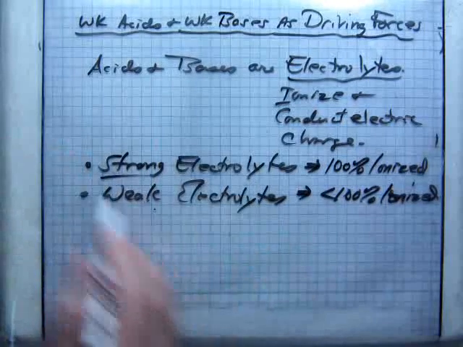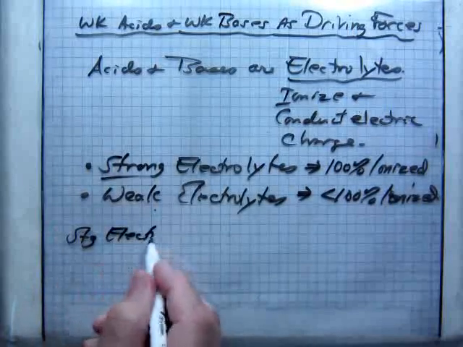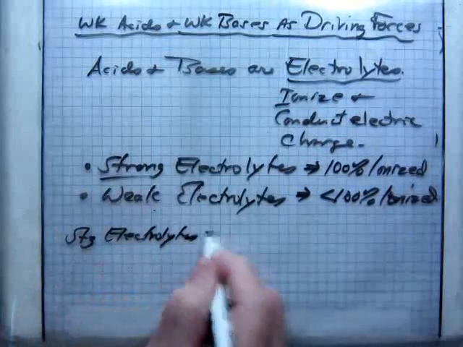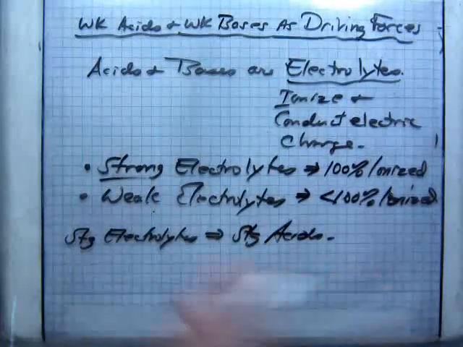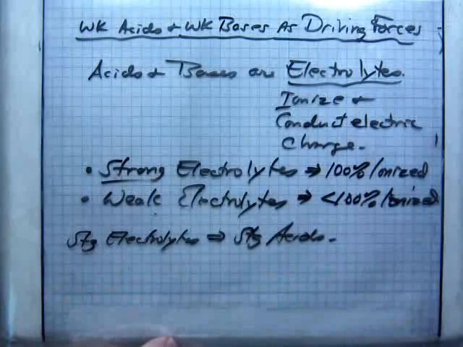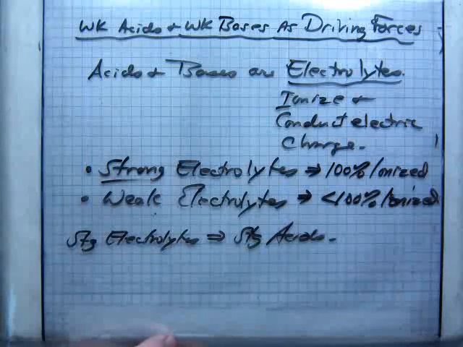So from strong electrolytes, we get strong acids. Now, there are inorganic acids that are stronger than what I'm about to give you, but these are molecular acids, and there are only 6 strong molecular acids that ionize 100%. That is, you won't find any molecules of these compounds floating around with the ions.